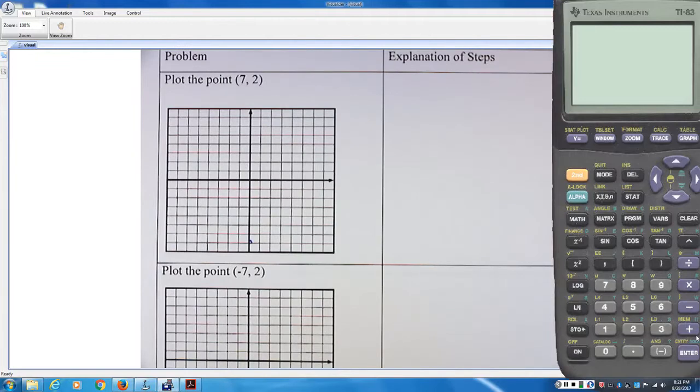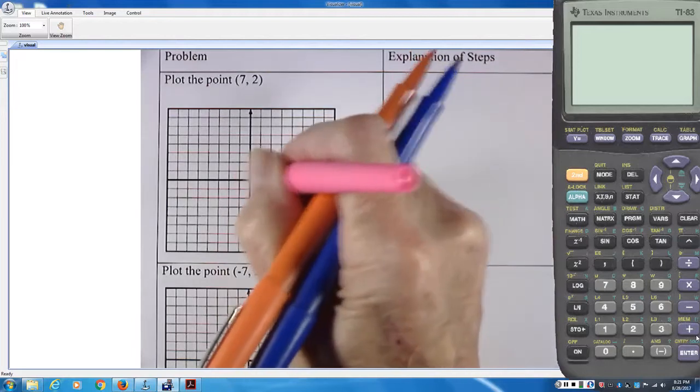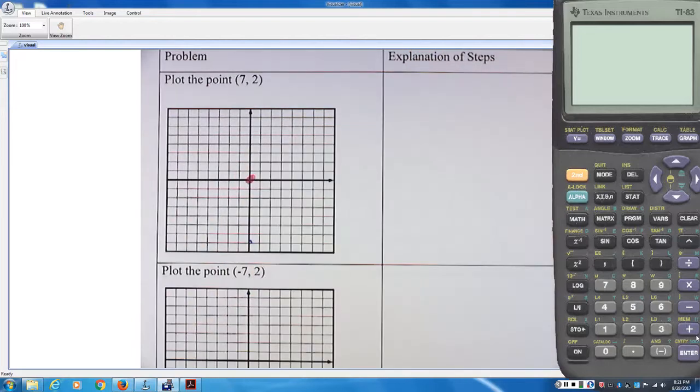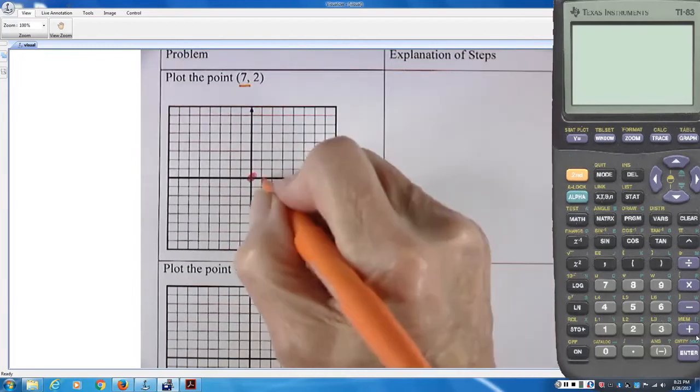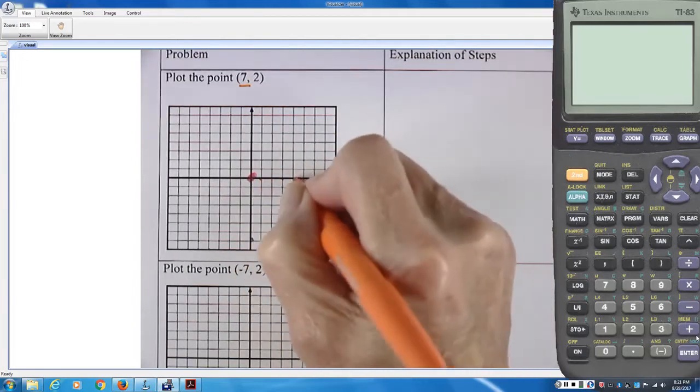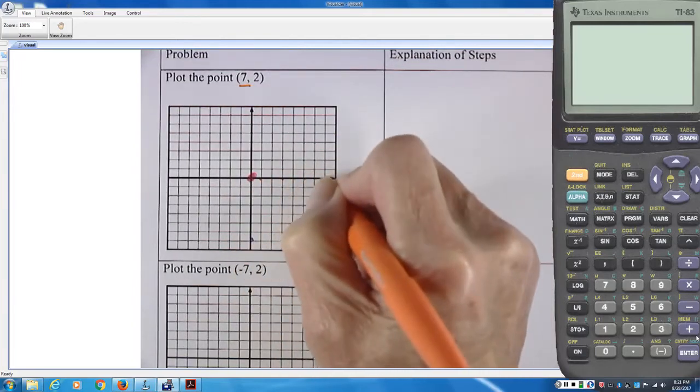It says to plot the point 7, 2. So again, I'm going to start at the origin, and I'm going to go from the origin right 7. 1, 2, 3, 4, 5, 6, 7.